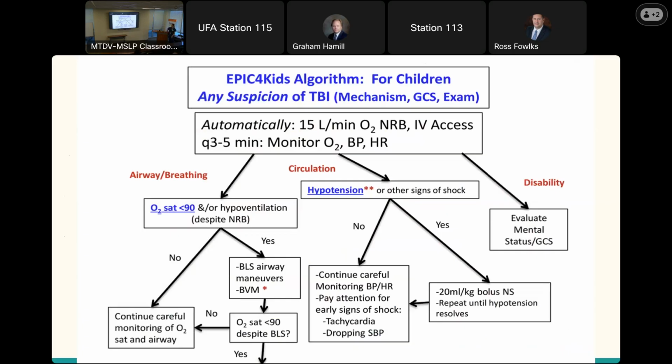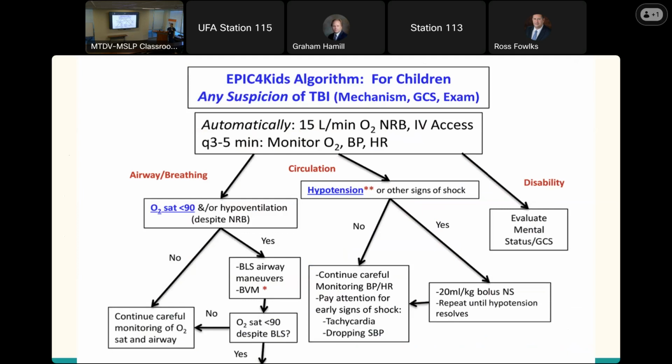Obviously, in TBI patients, maintaining normal everything is what we always say. So normal blood pressure, normal body temperature, normal saturation. Try not to get their BP less than 100. Bolusing, giving pressors, sedation as needed.